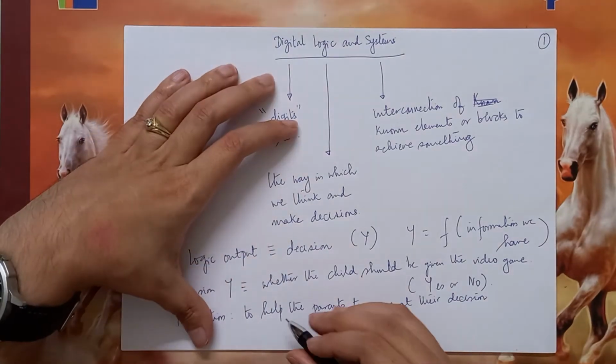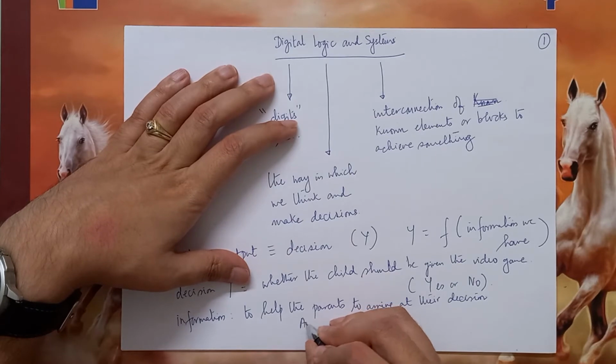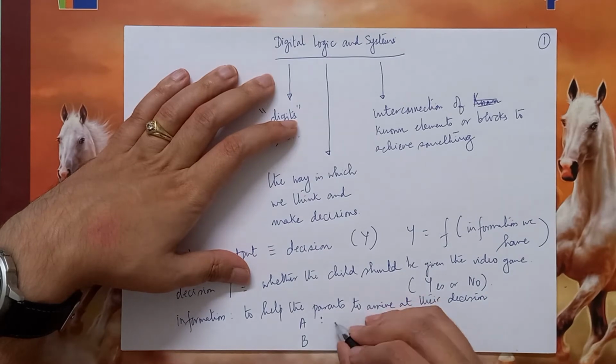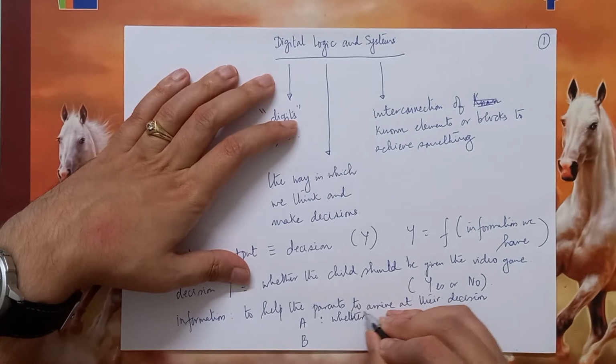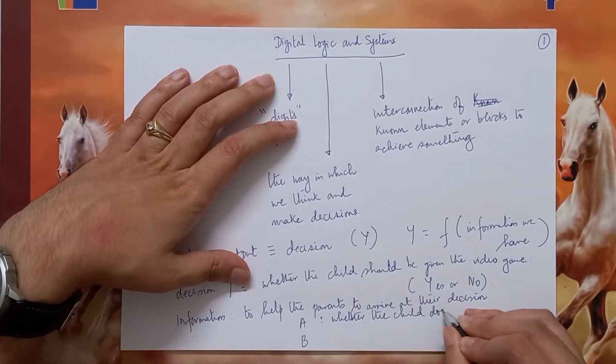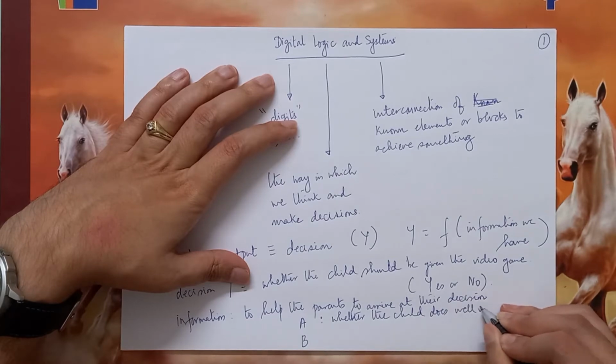So therefore, let us say that there are 2 pieces of information, A and B. So let's say this A is whether the child does well in school.